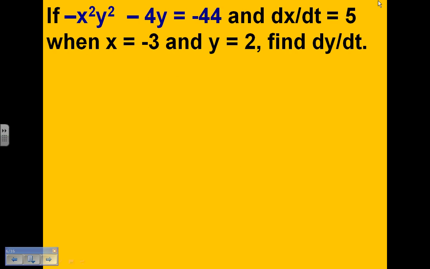So this is like the second problem in the section: negative x squared y squared minus 4y equals negative 44. The only thing that makes it hard is all the negatives. I am going to invoke the theory of the fort for the first one, because you're going to have to do the, what rule? Product rule. Maybe you can handle the negative with the x squared. Yep.